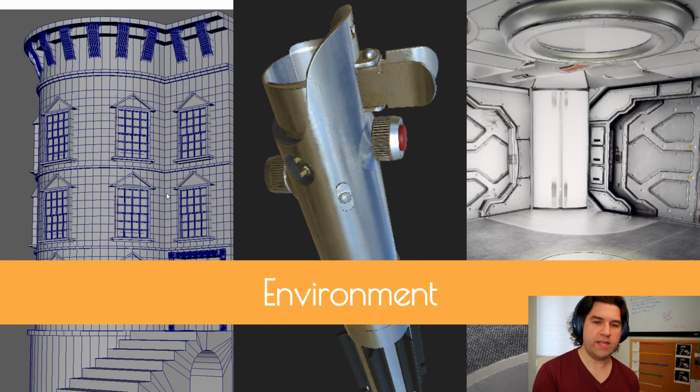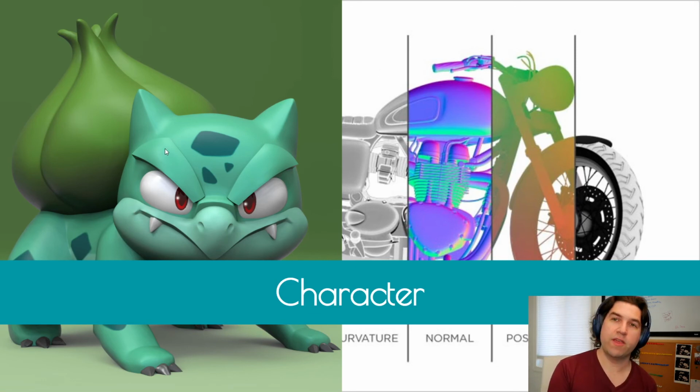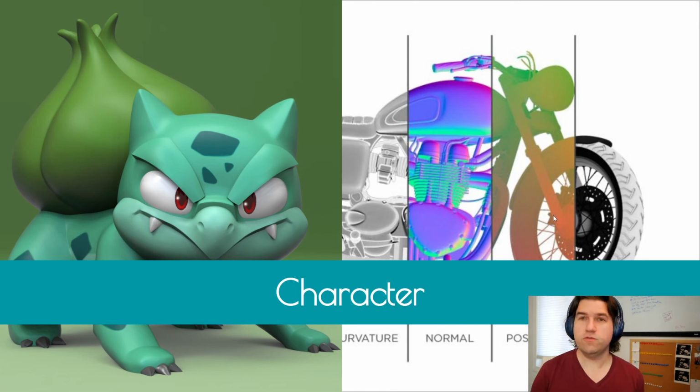Everything in environment is modeling modular pieces to environment, to lighting environments, to creating materials on props. And in characters, we have everything from creating cartoony illustrated characters like you might think of as character illustration, to doing all the baking, texturing, and detail work on a hero prop like a motorcycle that our main character might be driving. So this is all part of the same thing and it fits together.